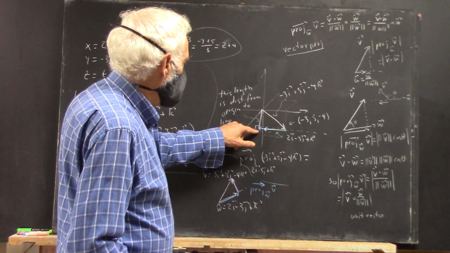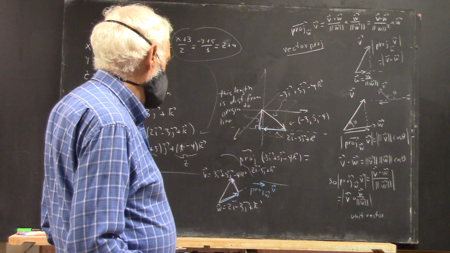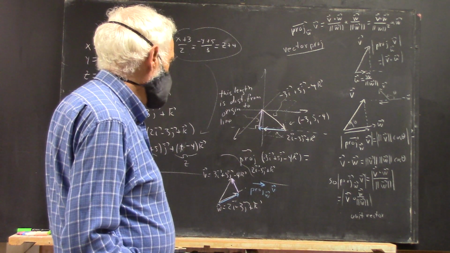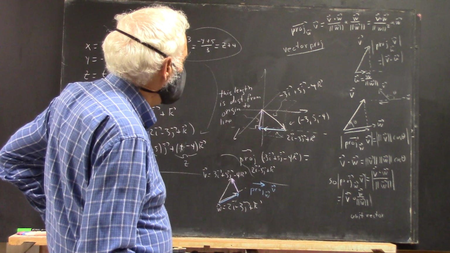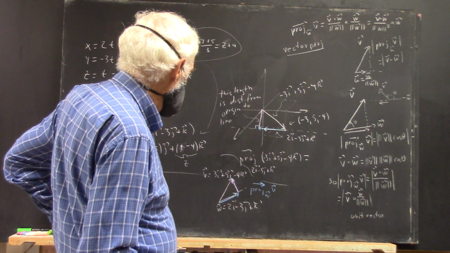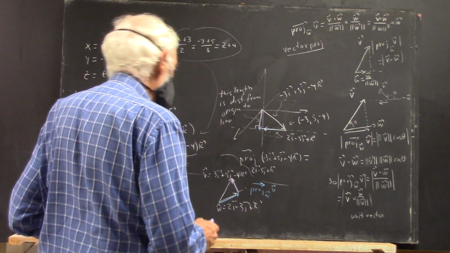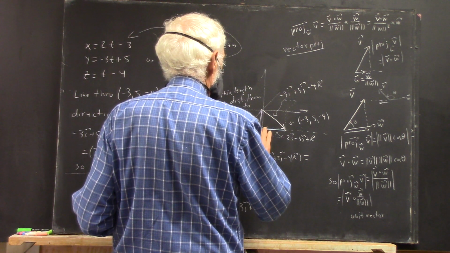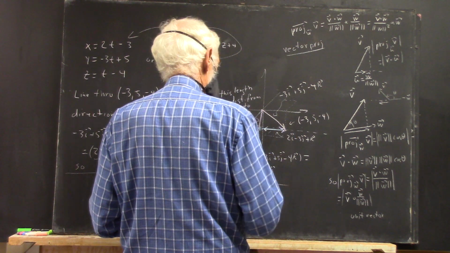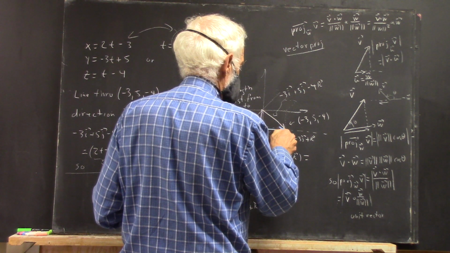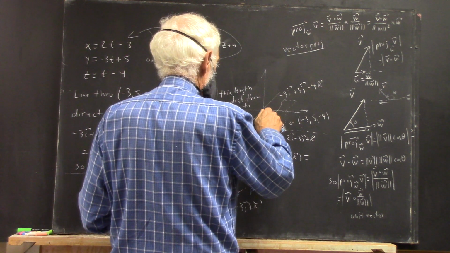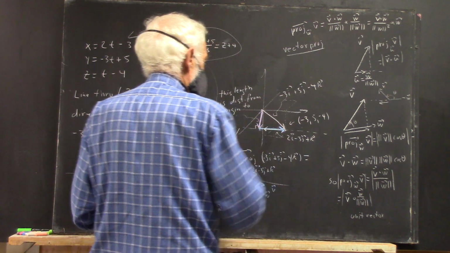Okay, and I drew this backwards, this angle. Got the heads of these vectors in the wrong end. Oh, no. This is blue.